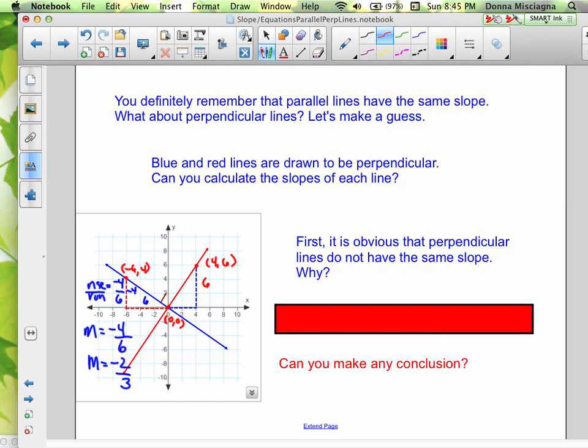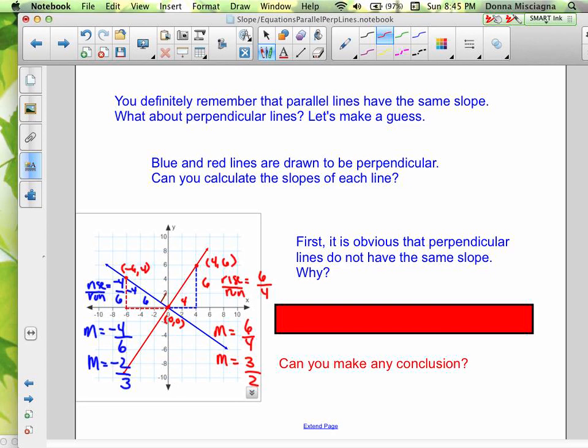Our run goes from 0 to 4, going to the right, so that's +4. So our rise is 6 and our run is 4, which means our slope is 6 over 4, and that does reduce. Those are both divisible by 2. 6 divided by 2 is 3, 4 divided by 2 is 2.